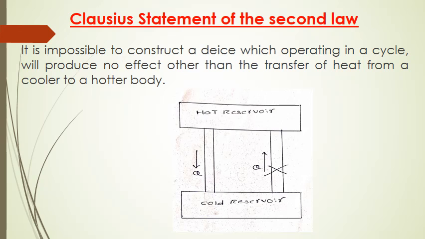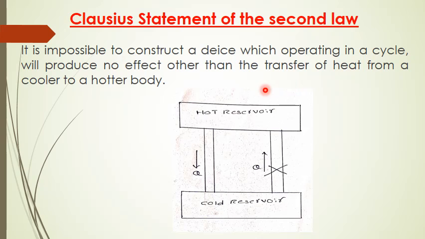Earlier I told that we have two statements for the second law of thermodynamics. One is the Kelvin-Planck statement, which we have seen already, and now we will see the Clausius statement of the second law of thermodynamics. The Clausius statement says that it is impossible to construct a device which, operating in a cycle, will produce no effect other than the transfer of heat from a cooler to a hotter body.